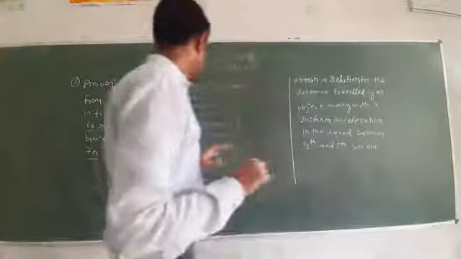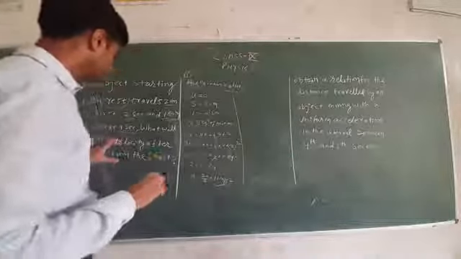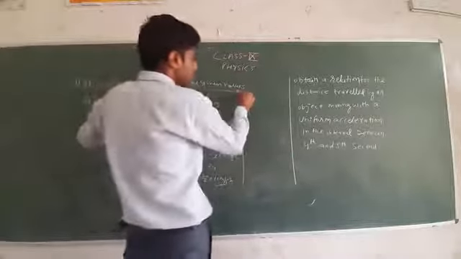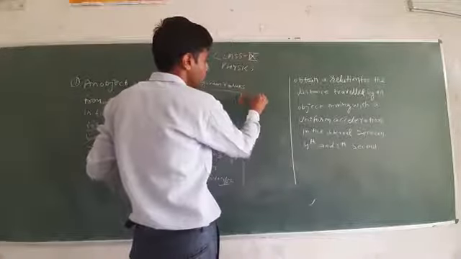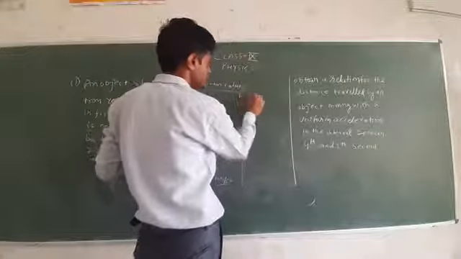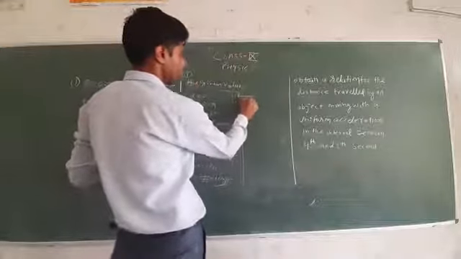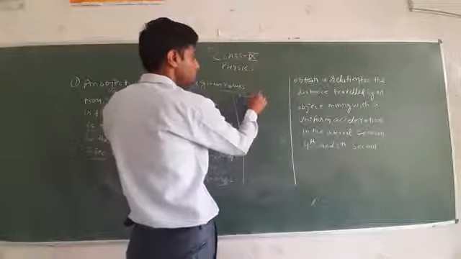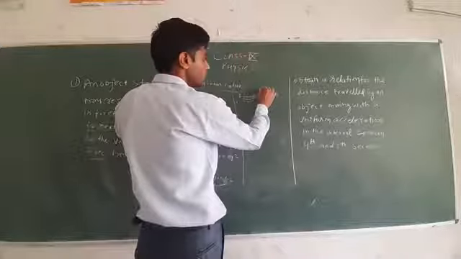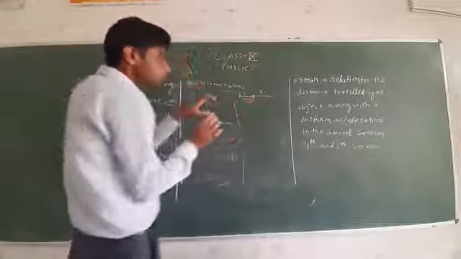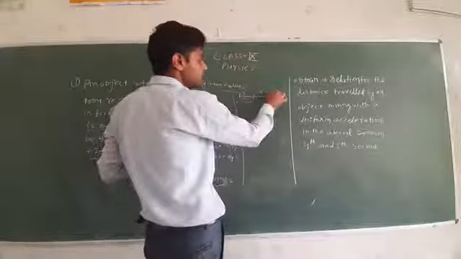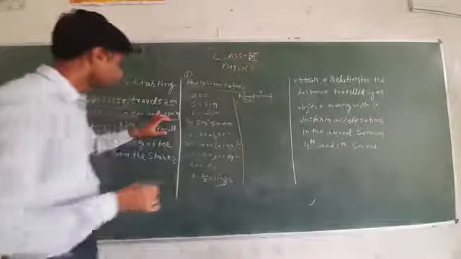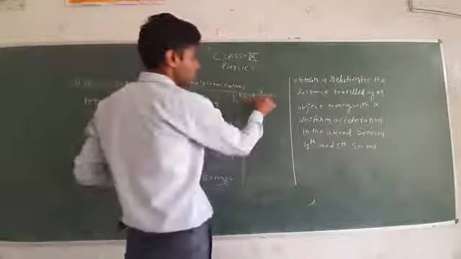Okay. So for the next, this is initial, u is 0, the object moves through 20 meter in 2 seconds. After this point, the object continues to move for 4 seconds and the distance traveled by the object is 160 meter.